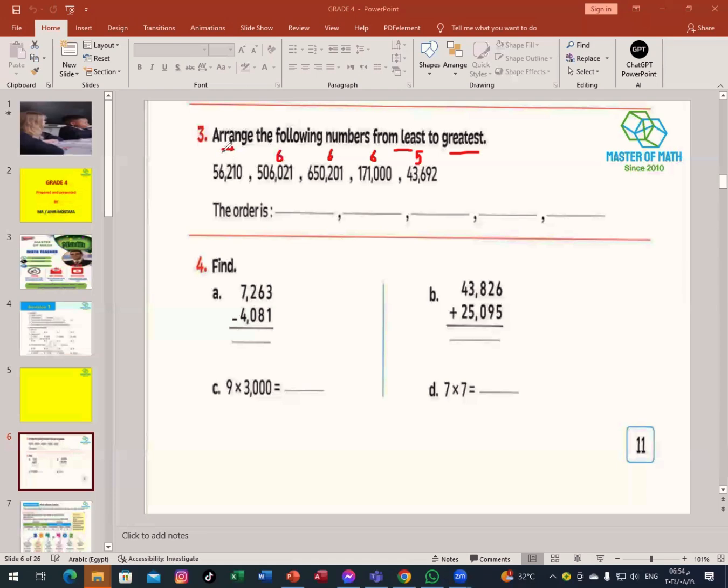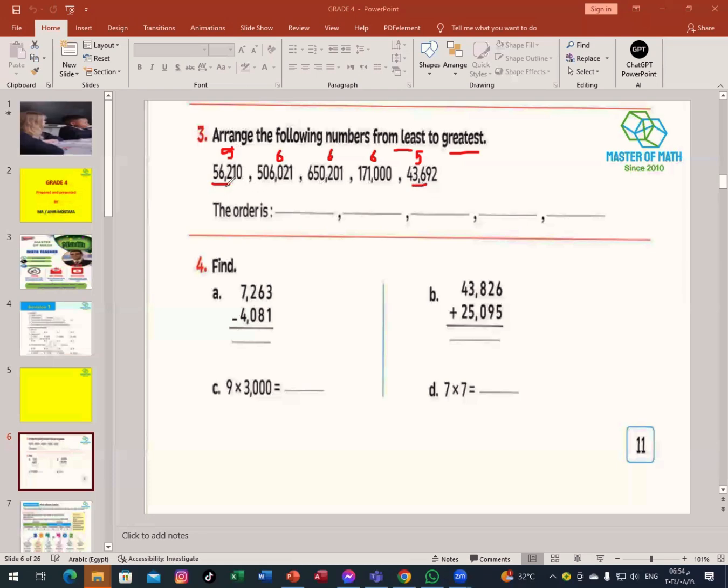It's 5. So the smallest numbers may be these, because these are the numbers which have the fewest digits.